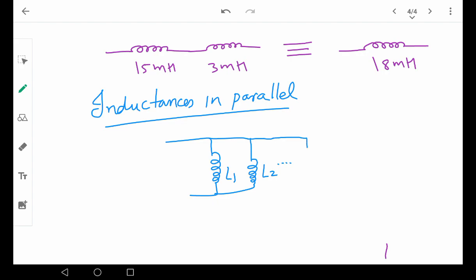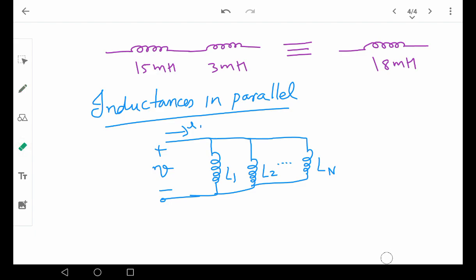You have n inductances in parallel. This is plus or minus V input voltage you are giving, and you are giving a current I here. Okay. So here also the rule is the same as that for a resistance.